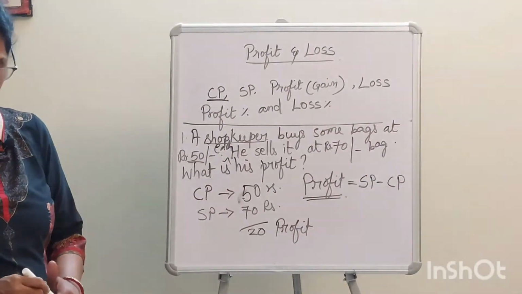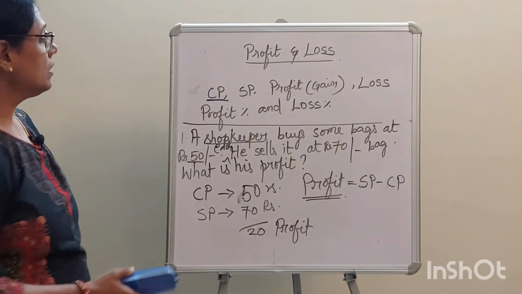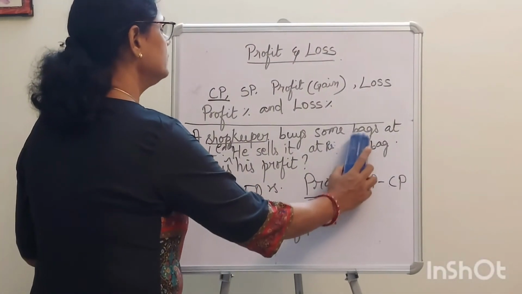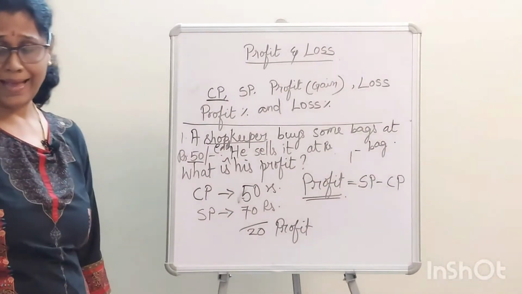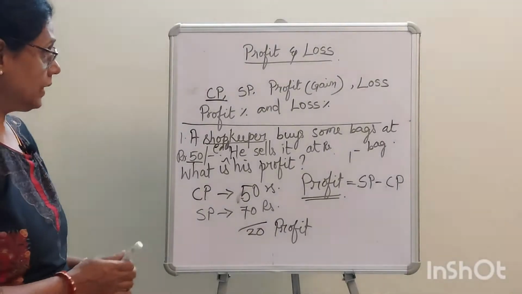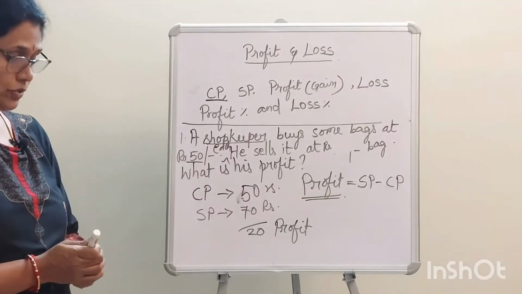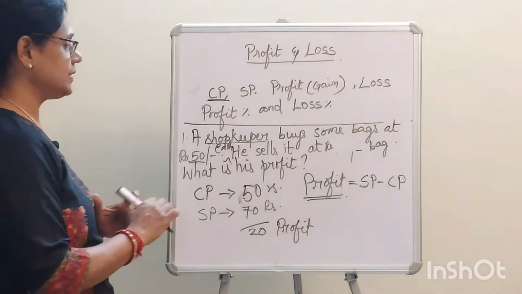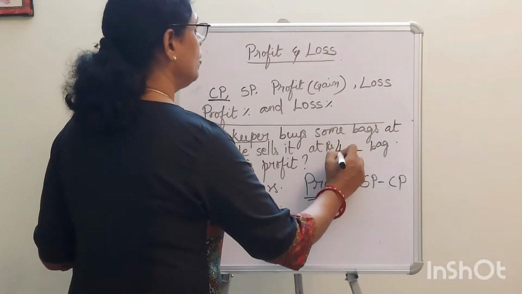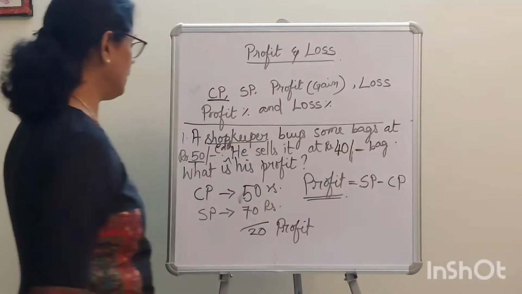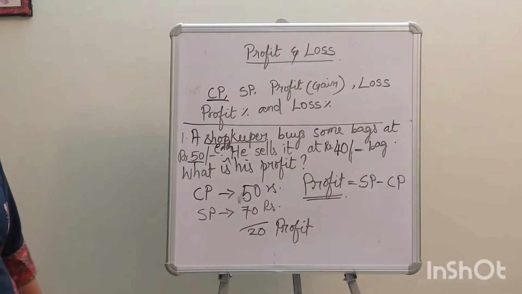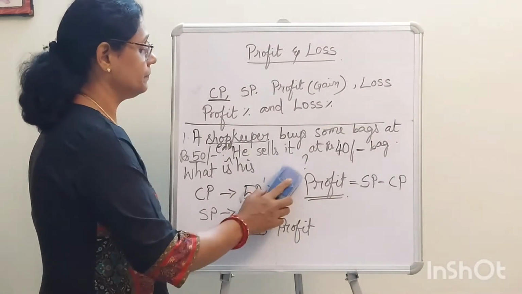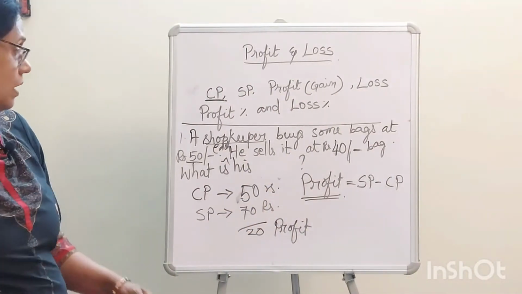Is that clear? Now in the same problem I make some changes. The shopkeeper finds some of the bags defective and he has to sell them at a lower price than the cost price. Let us say, for example, he is selling it for 40 rupees per bag. So the question will be, what is his loss?